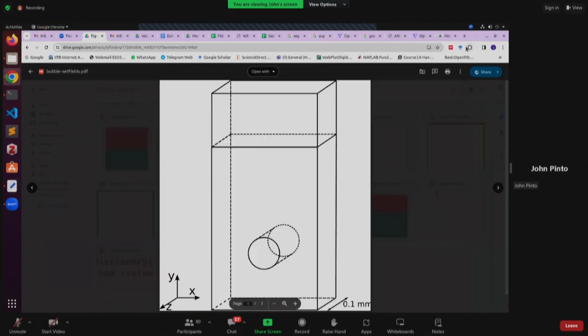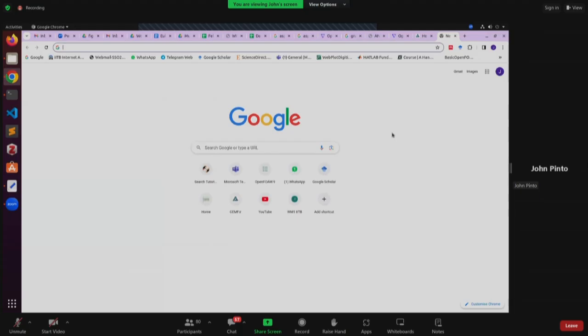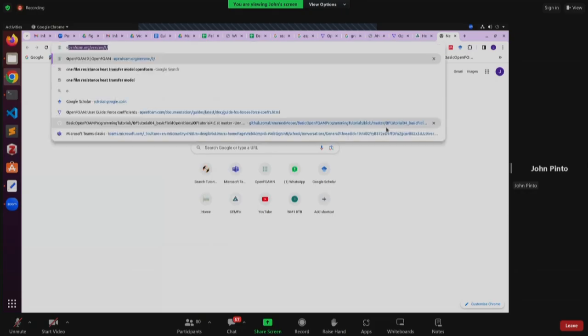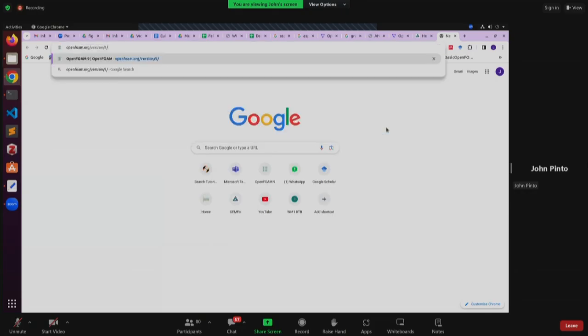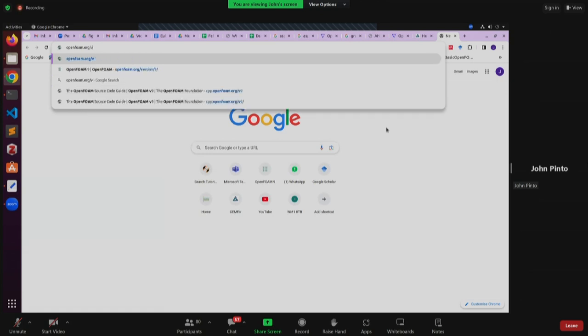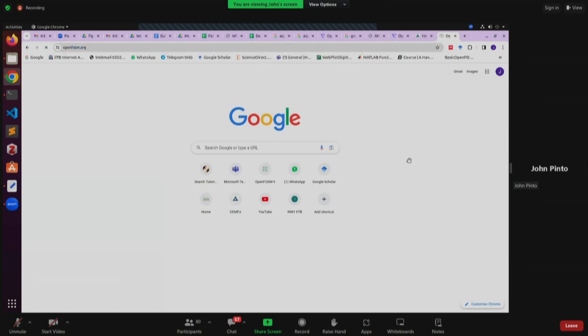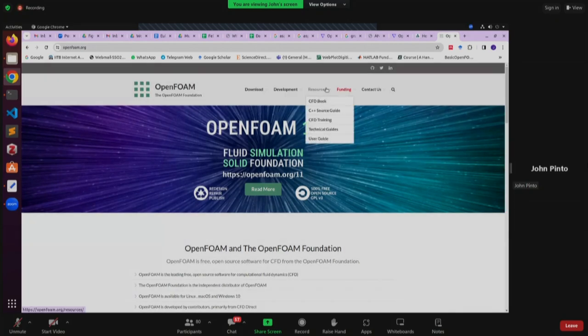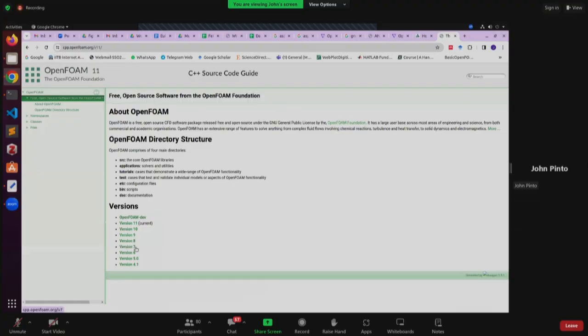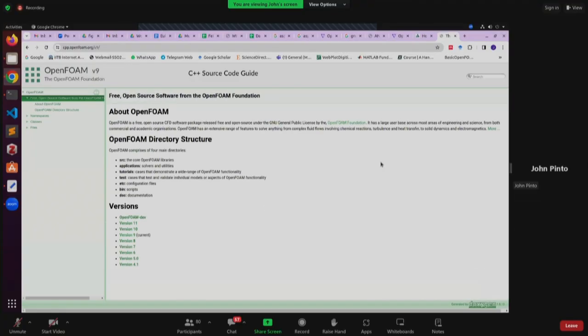So to see that, you can go to your browser. I'm showing you this so that you can also search for yourself if you find any other model and want to use it. So type openfoam.org, and in resources, go to the C++ source guide, click on version 9, which we are using, and search.